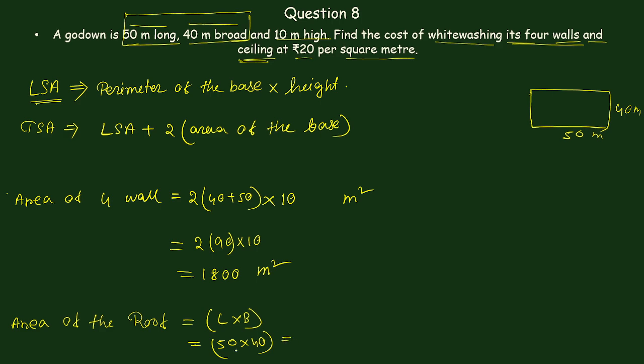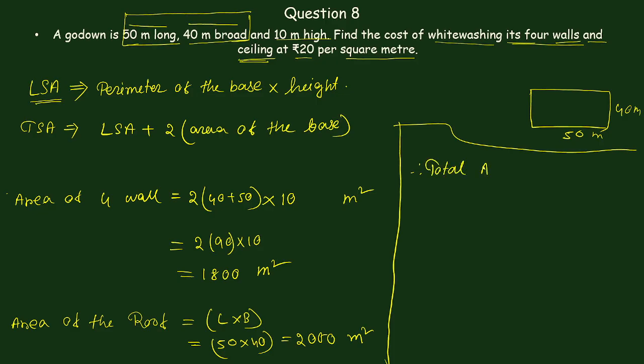So 2000 meters square. So total area is how much? Therefore total area is 1800 plus 2000 meters square, that is 3800 meters square.